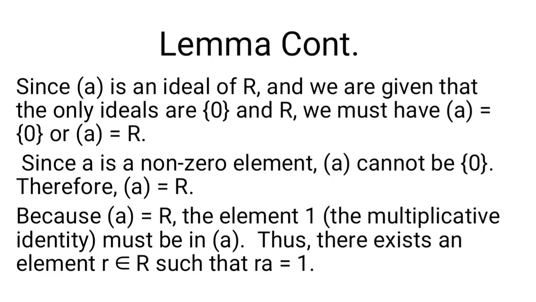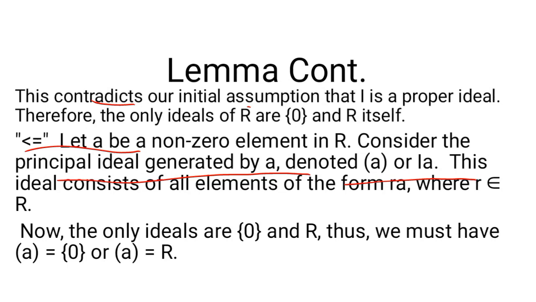Now, if that is the case, it will mean that these are the only conditions, right? A cannot be 0. Why? Because it is the one generating the entire ideal, it's generating all the elements in the ideal. It can't be 0 because A is a non-zero element. Remember, we had even chosen it.